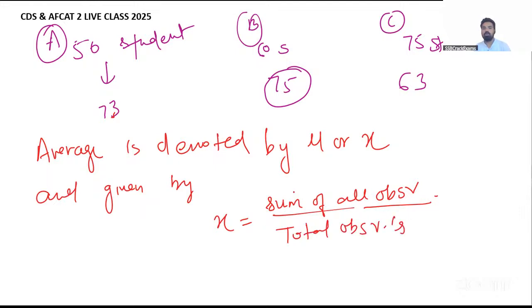Okay, sum of all observations upon total number of observations. So this is the formula for our average.